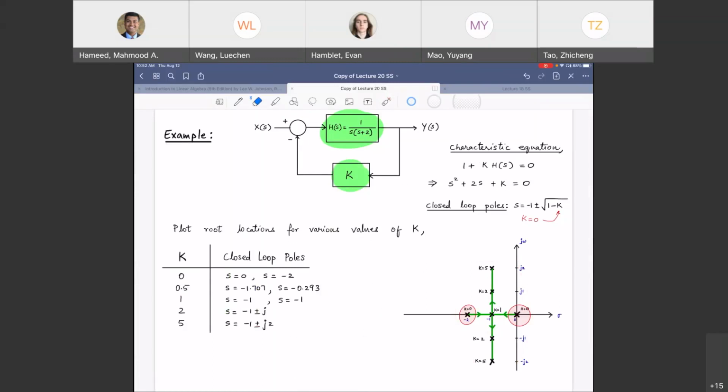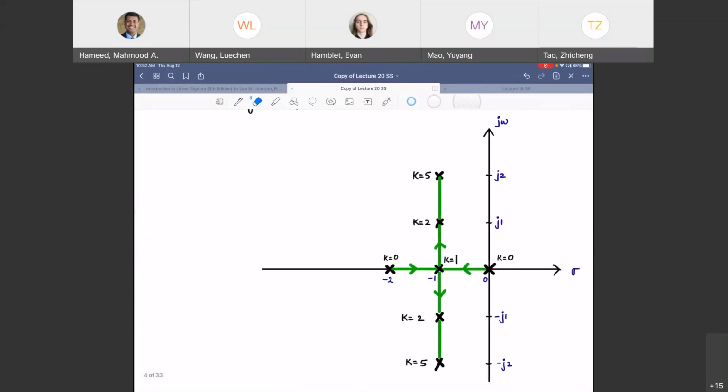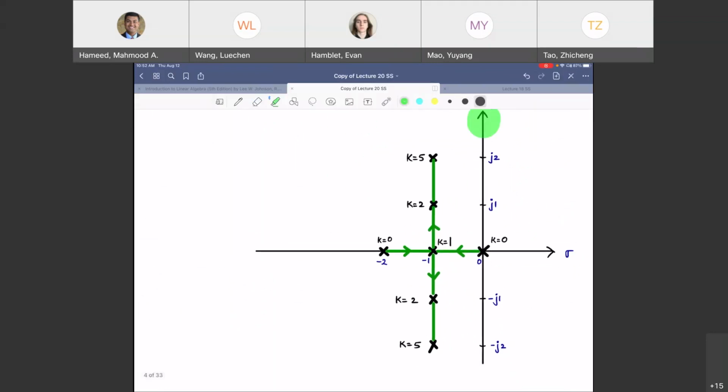So for this, what I'll do is I will make some test columns. This is just to check. This is not going to be part of our sketching root locus rules. This is just to illustrate that the angle criteria works. So I'm going to take some test columns here. My first test column is going to be here, the j omega axis.